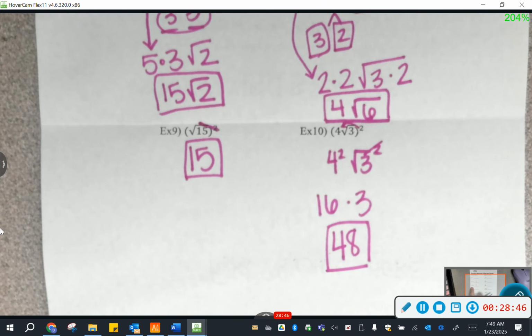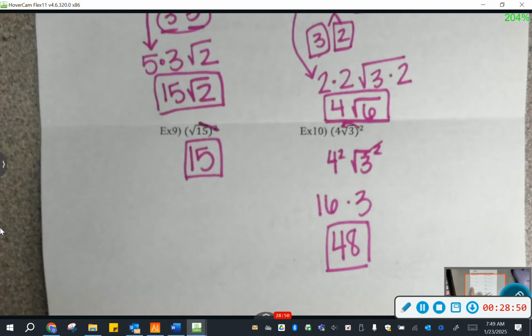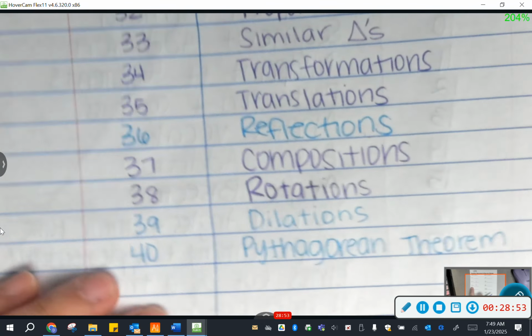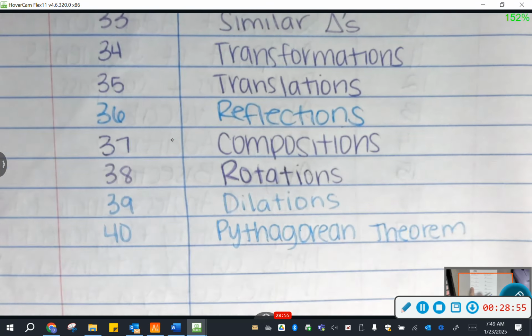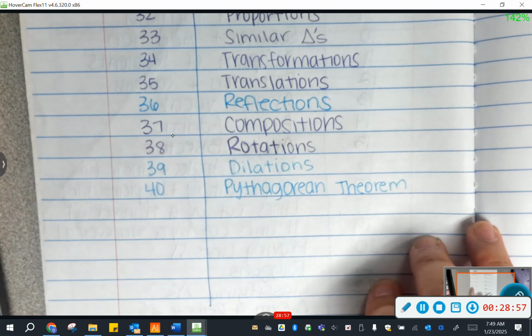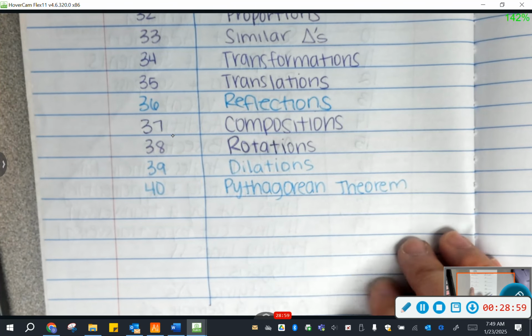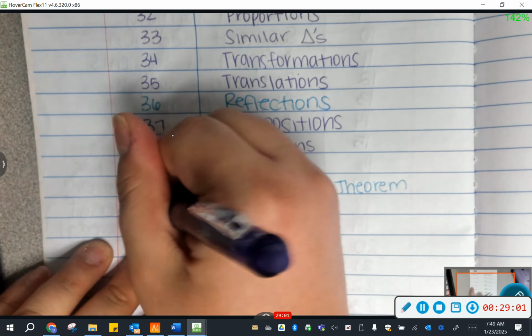Alright, we are going to glue this onto page 41. This is simplifying radicals. Glue it onto page 41.